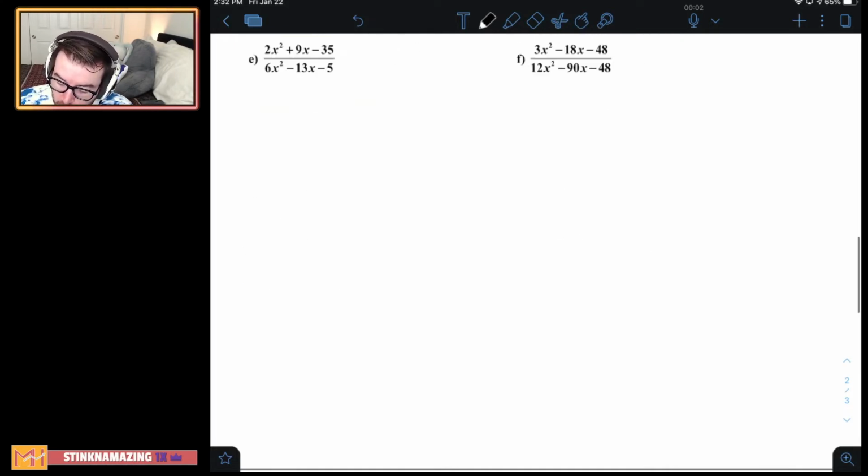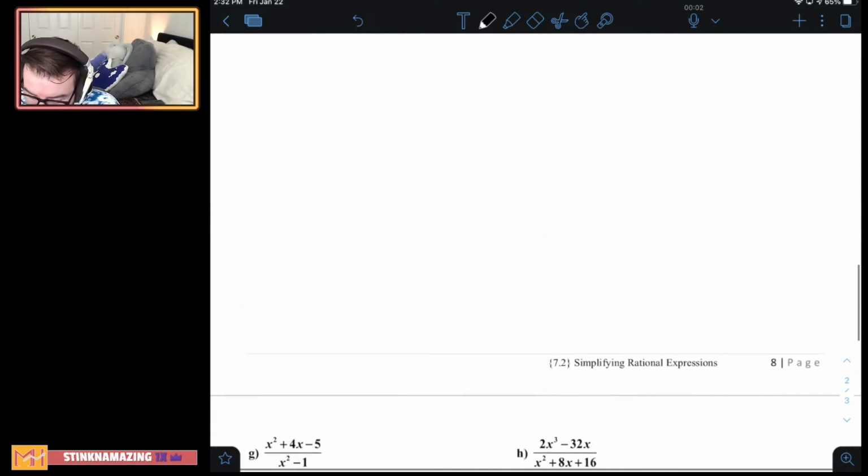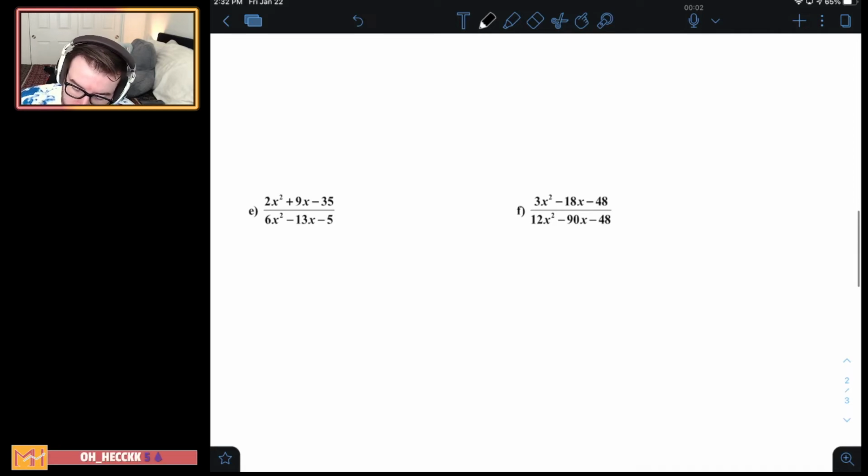All right, so now we're in this moment where all of a sudden we have more going on. We have this A value that is bigger than 1. That pattern of what multiplies to the last term and adds to the middle term isn't as foolproof, okay?